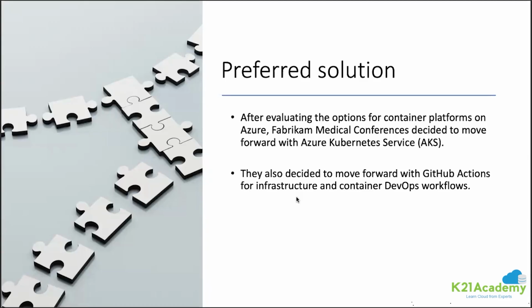So here what we need to consider, in terms of planning or solution approach, is that AKS, Azure Kubernetes Service, is one of the ideal options. Now there are two different thought processes.